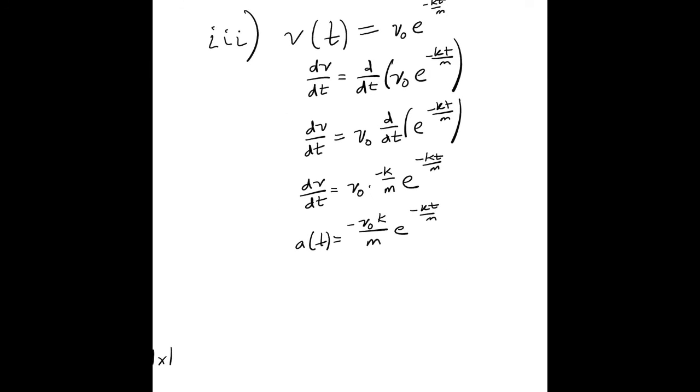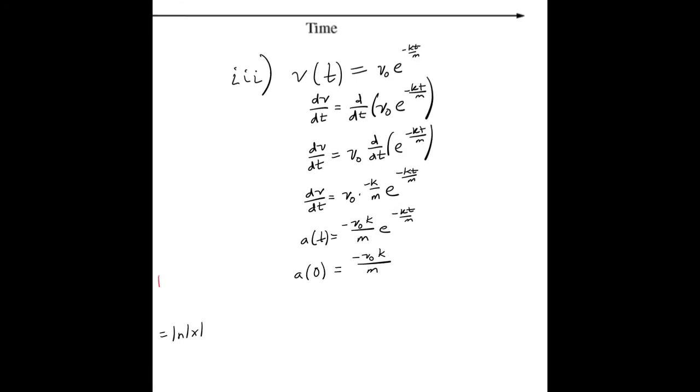All right. So we can get an idea of the basic shape of this graph. It's going to be something like this. That's terrible, but it's going to be something like that probably. But we need to figure out where this thing starts. So basically, what is this thing at a of 0? When t is equal to 0, this thing becomes negative v initial k over m.